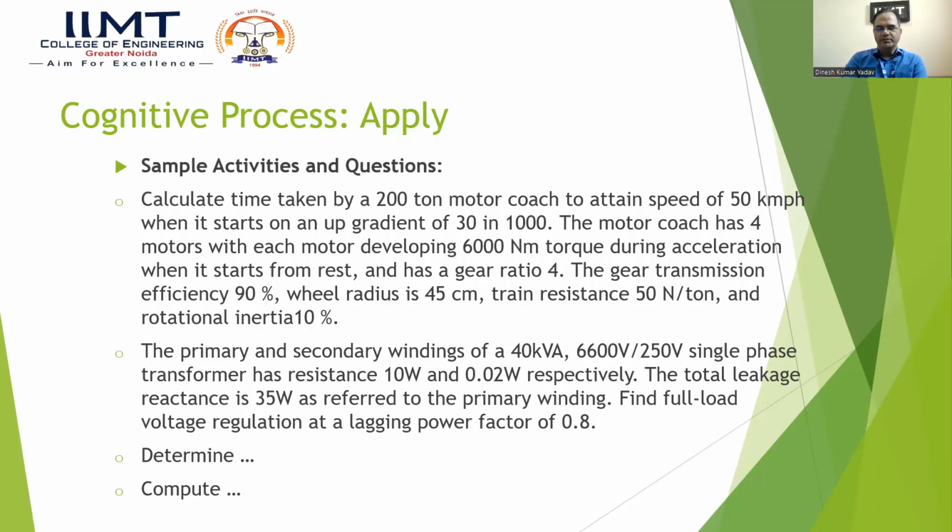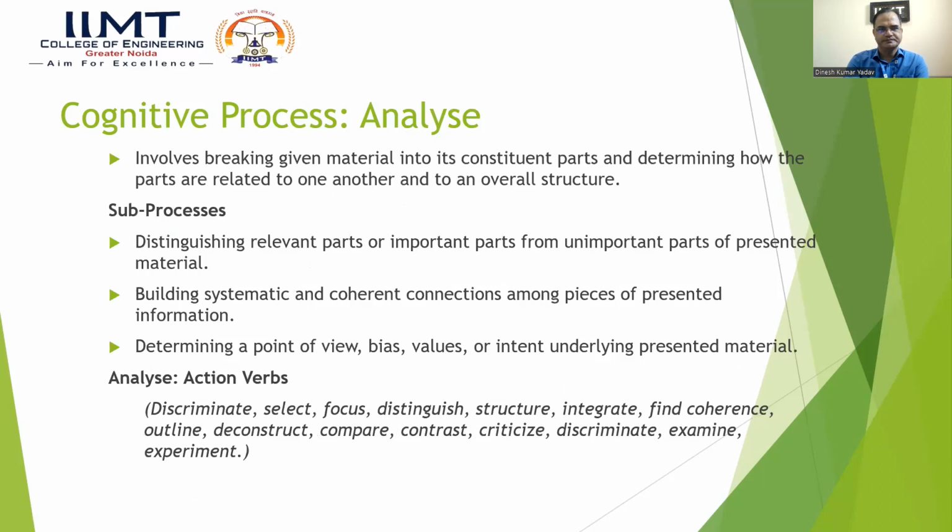So by keeping in mind these numeric values, the user has to find out this particular information. If a student is able to solve these kinds of activities, if he is able to provide solutions to real life problems, then we say that he has reached up to the apply cognitive level.